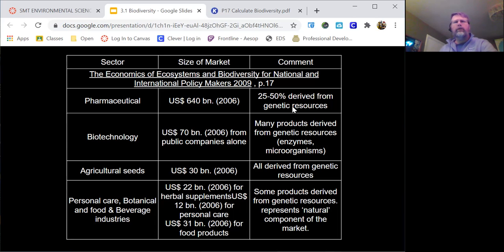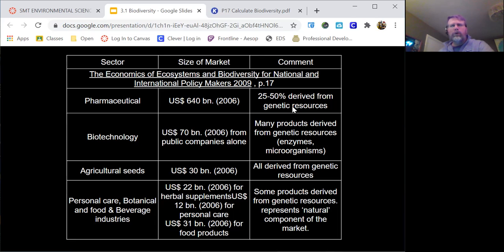So if we have plants that are good at surviving droughts or other natural disasters, then we have better farm plants as well. Okay, so that's another $30 billion industry driving those genetic resources. And then finally, we have all of the personal care, the makeup, the healthcare, the lotions, all the botanical food and beverage industries.